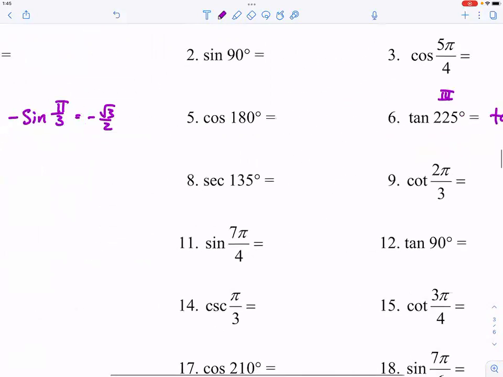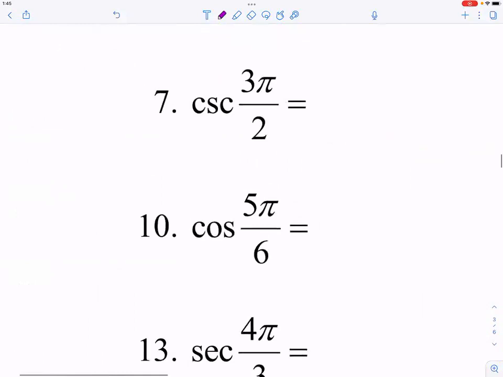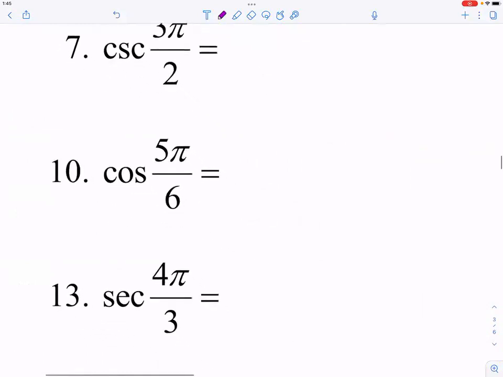Let me select one more. Let's just say number 10. So we have cosine of 5π/6. What quadrant is 5π/6? It's in quadrant 2. And cosine is negative.